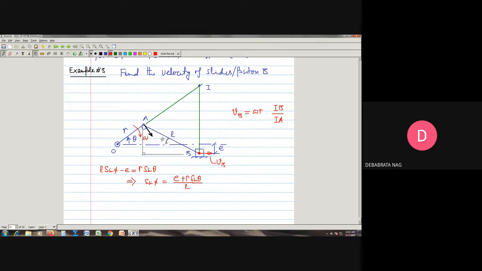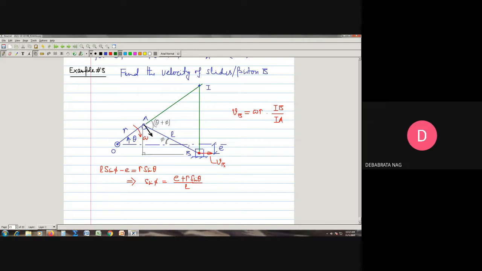Once I know this angle phi, from this geometry we can say that this angle is equal to theta plus phi, which is completely known to us. Now see this angle, this is basically equal to phi.